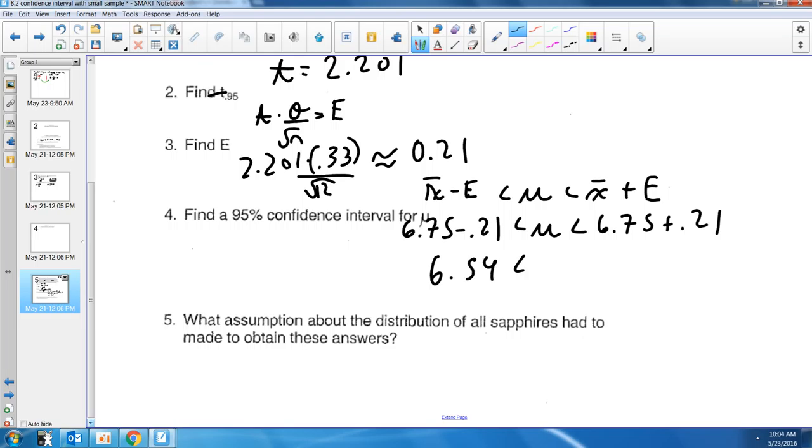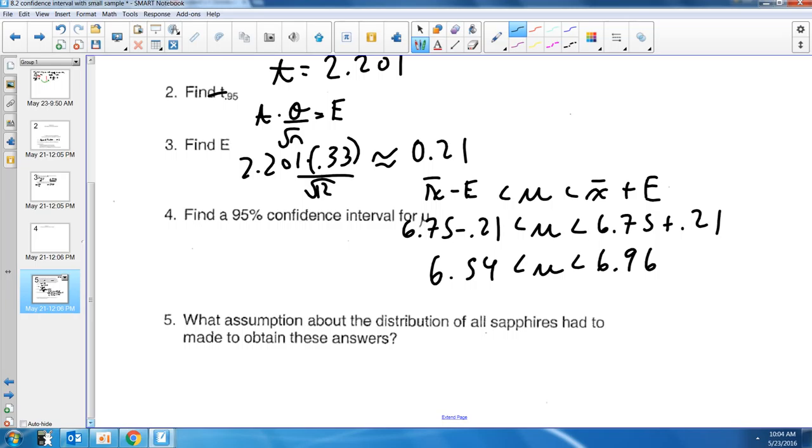Therefore, the confidence interval is going to be between these two numbers. Now, that means with 95% certainty, your approximation for your population mean is going to be between 6.54 and 6.95 carats.